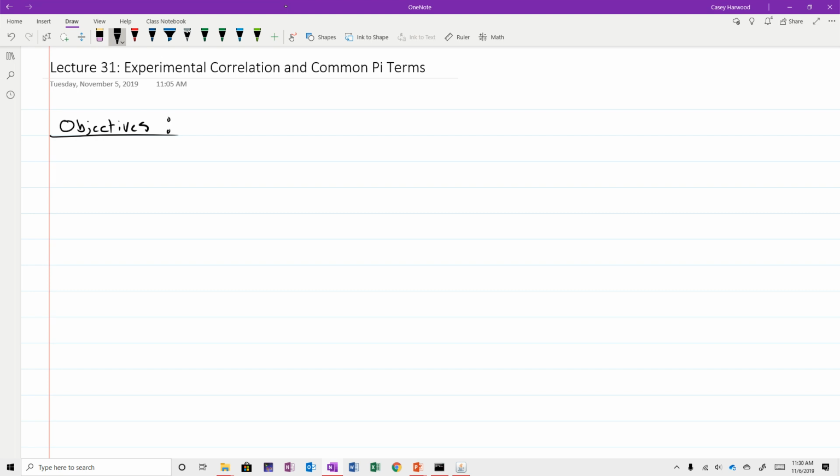This lecture and the next one are going to be taking that knowledge and applying it, in this case, using what we call experimental correlations, and in lecture 32, doing what we call model scaling.